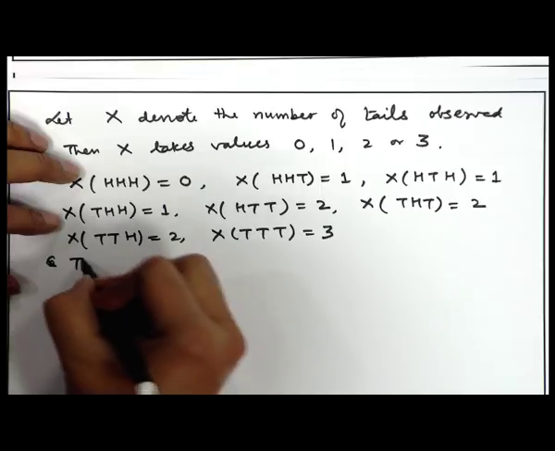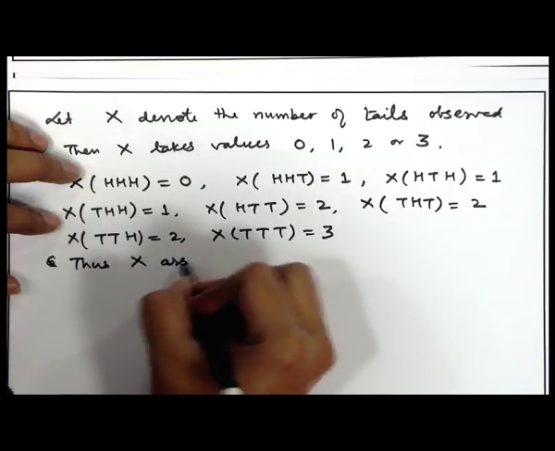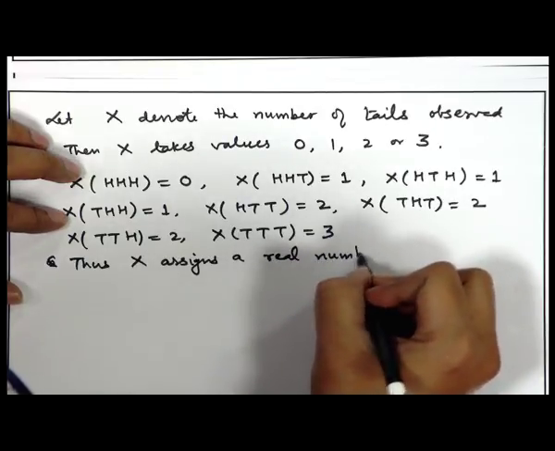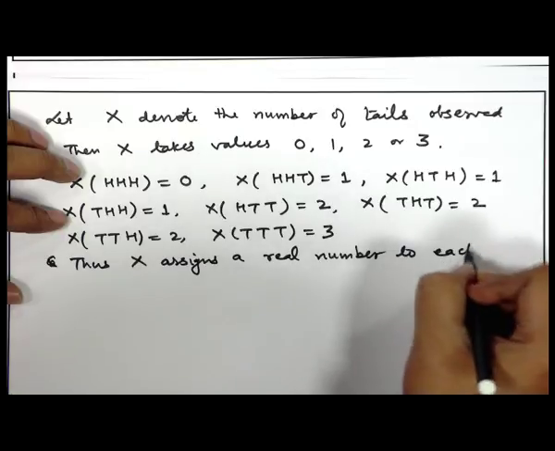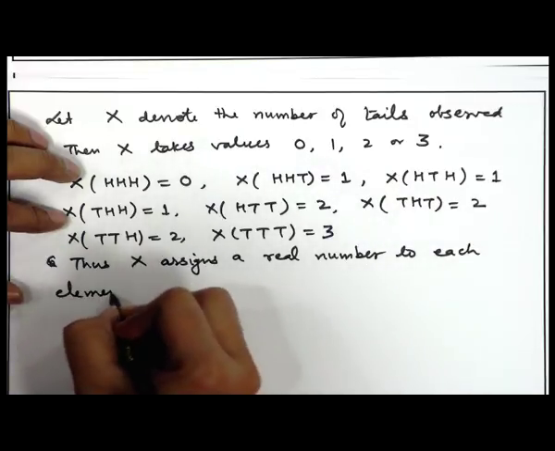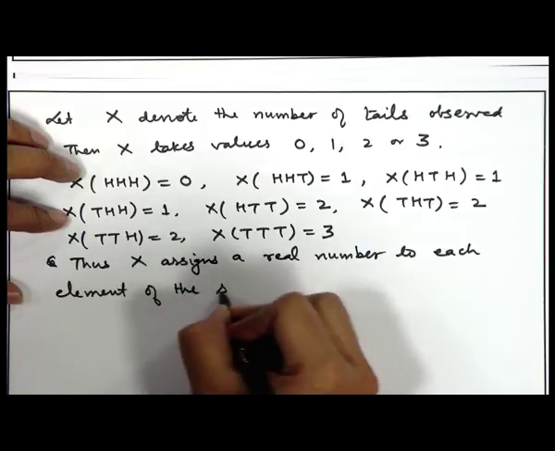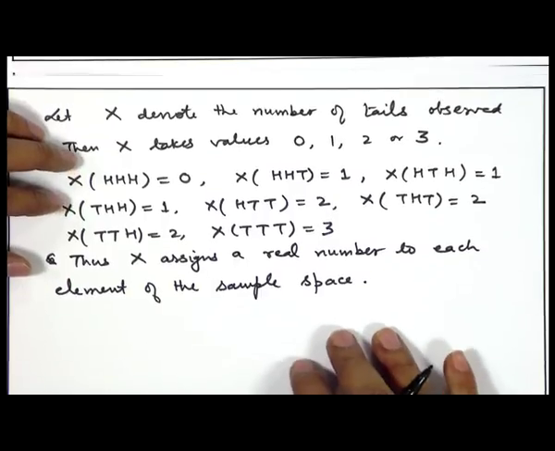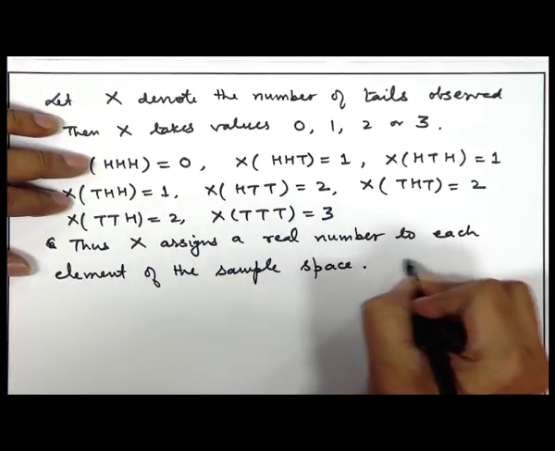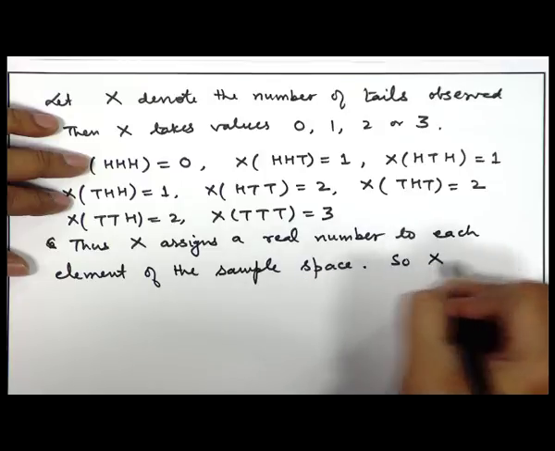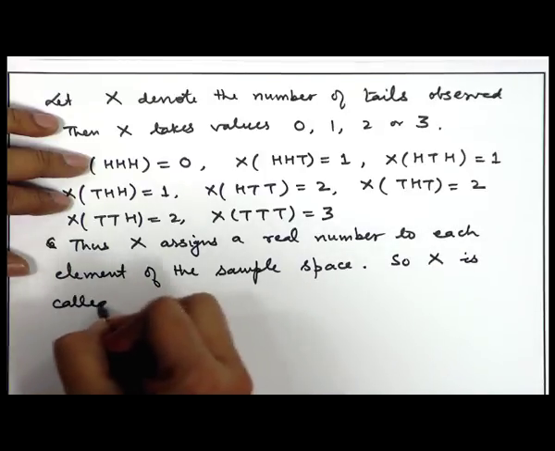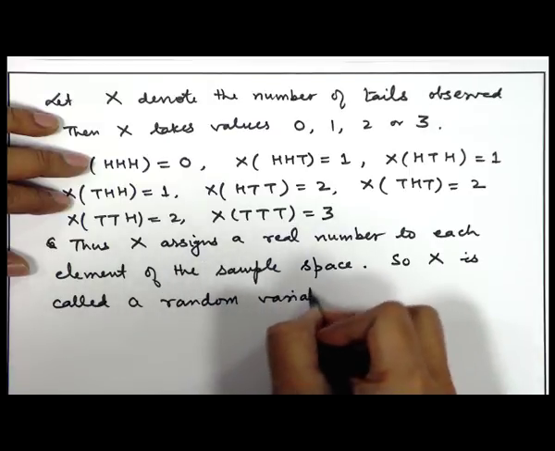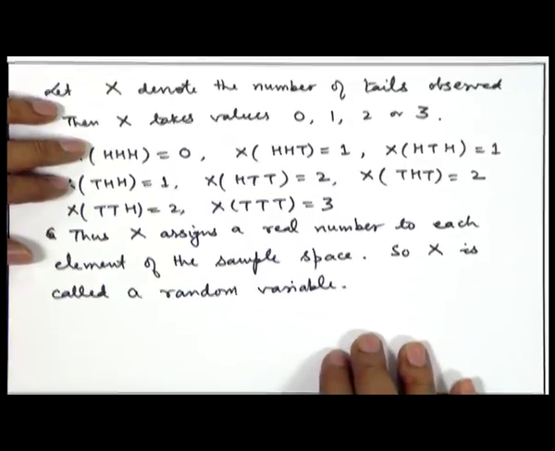Thus, x assigns a real number to each element of the sample space. So, x is called a random variable. Let me give a formal definition of the random variable.